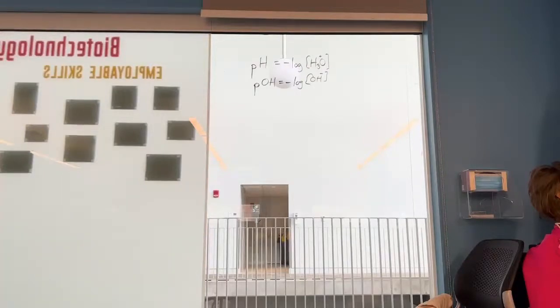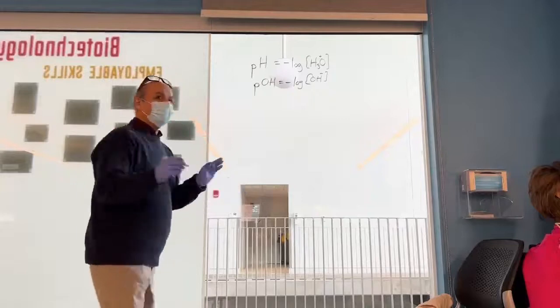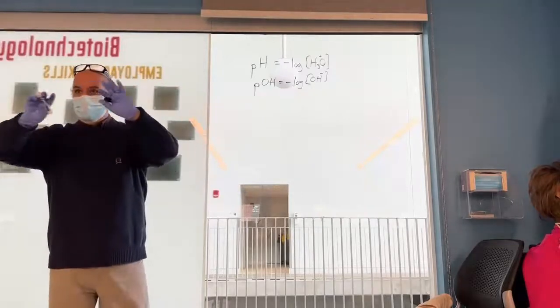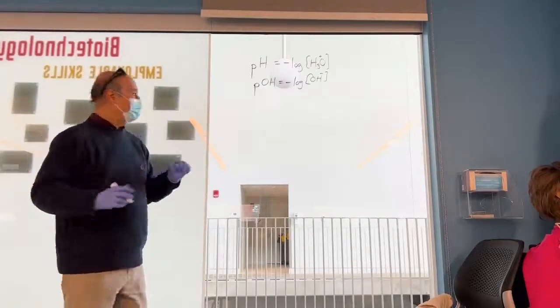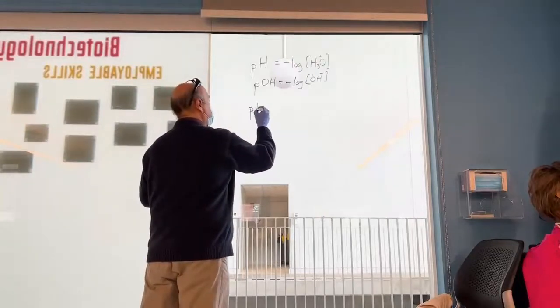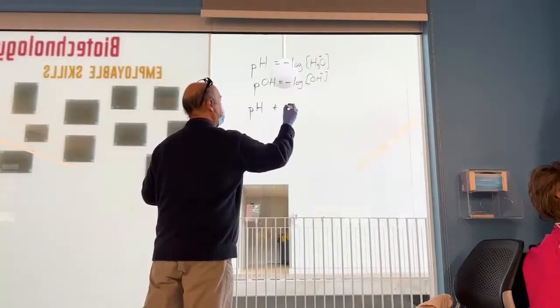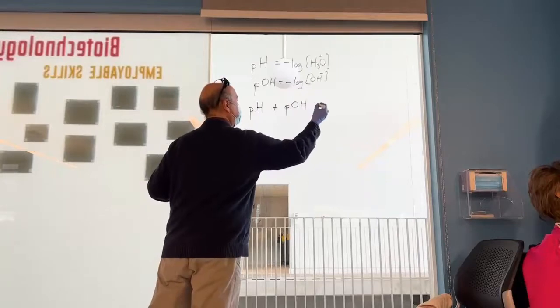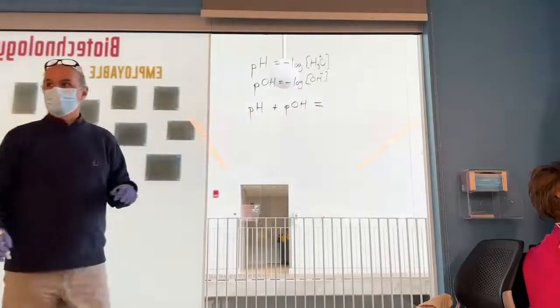Now, based on the KW, you also get another relationship that is very interesting. And this is not in pure water, this is in any aqueous solution. The sum of the pH plus the pOH is always equal to 14.